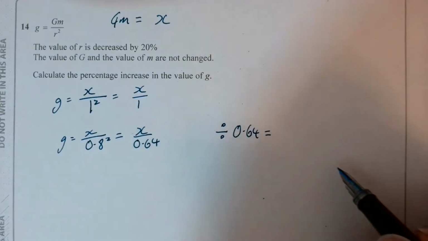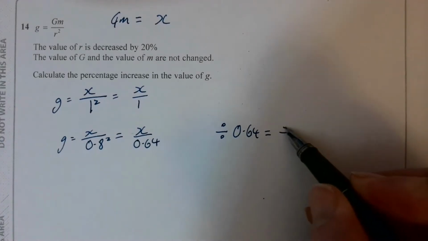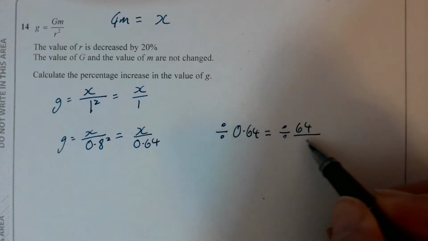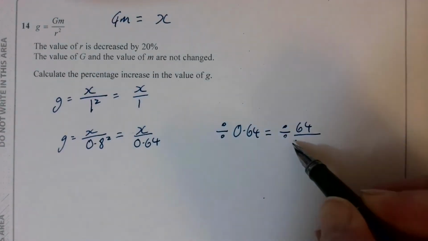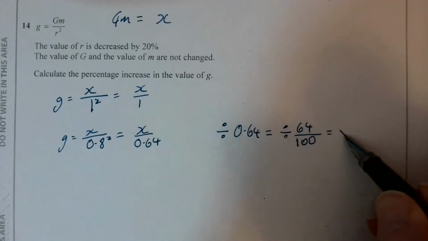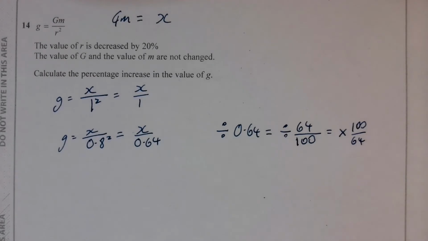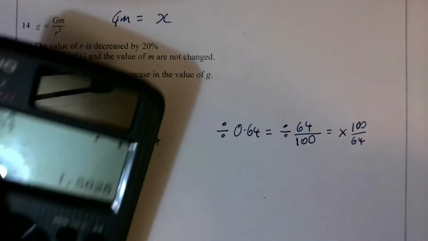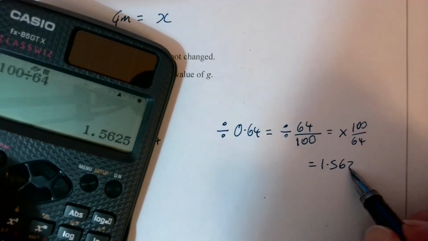I'm still a bit confused, so I'm going to say I know how to divide by a fraction. In fact, I could turn it into a fraction and say I'm going to times by 100 over 64, and then just put that into your calculator. If you do that, 100 divided by 64, you get 25/16 or 1.5625.